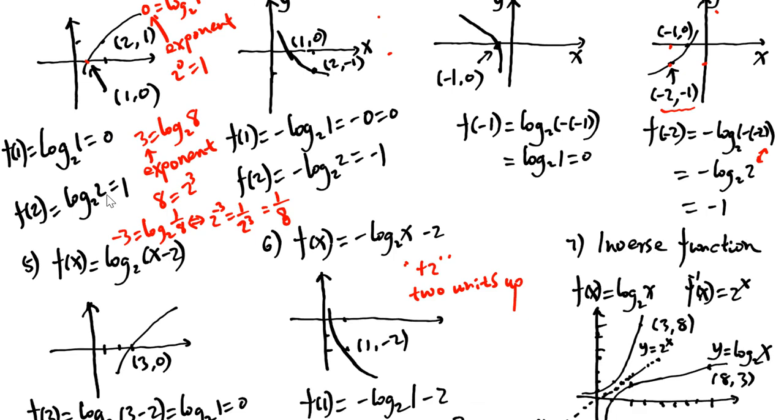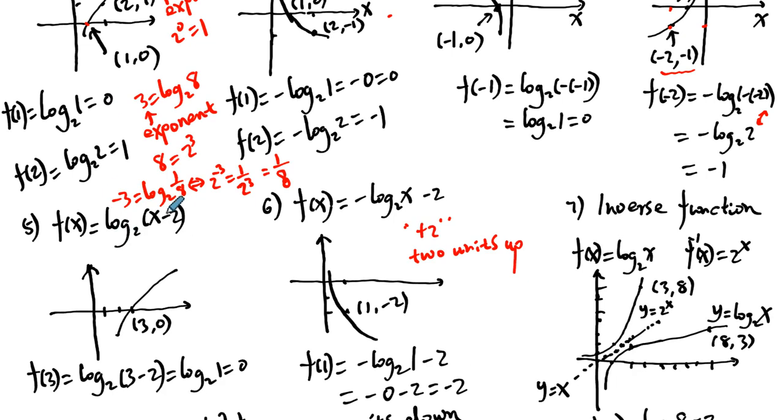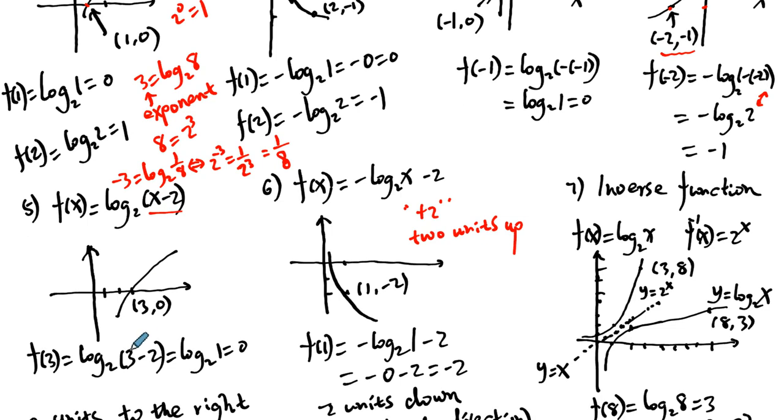Now, in order to get 0 here, you need this place to be 1. In order to have this place be 1, x minus 2 be 1, x needs to be 3. So you plug in 3. 3 minus 2 is 1, and then log base 2 to the 1 is 0. So 3, 0 is on the picture.